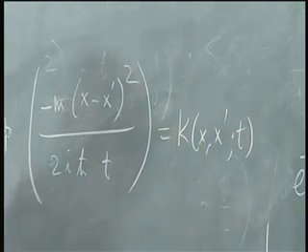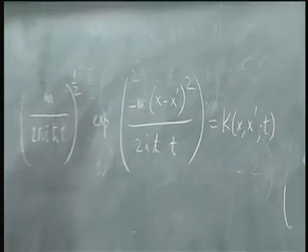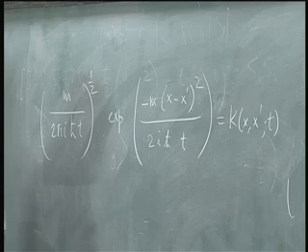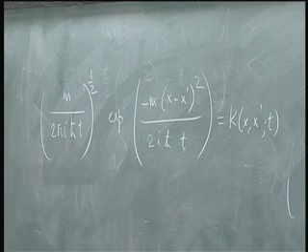I just wrote this down because I remember the solution to the diffusion equation, and I know that i h cross over 2m is the diffusion coefficient for the Schrodinger equation.